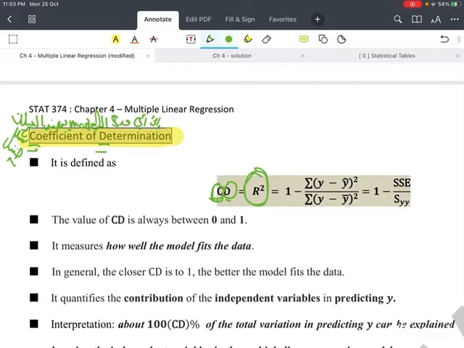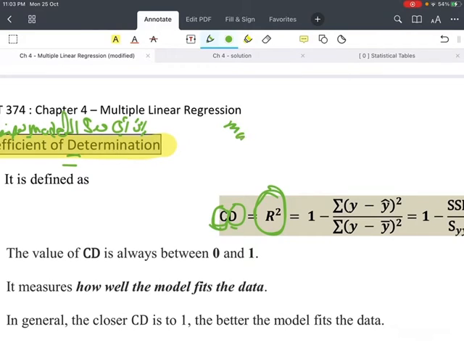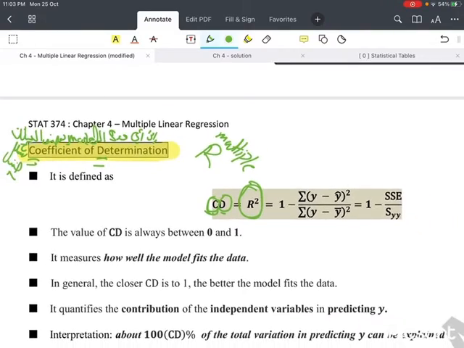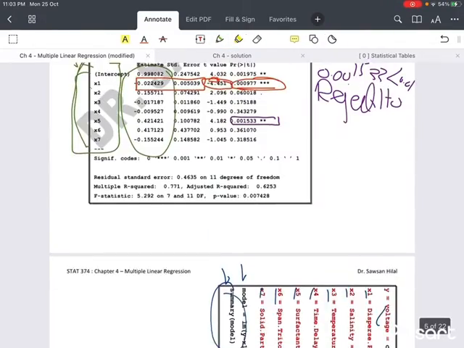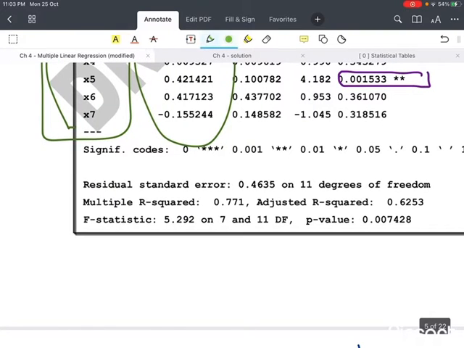R square في الأوتبوتس اللي بنحصلها في السوفتوير ووركس. زين، شنو يسمونها؟ يسمونها multiple R. So you can find it at R output here as a multiple R squared.